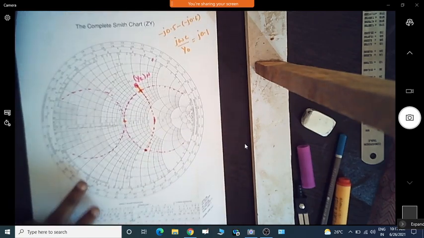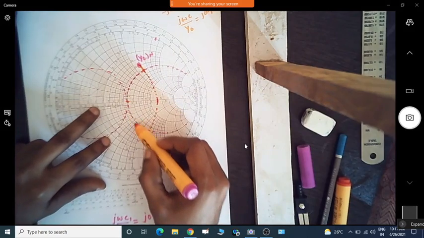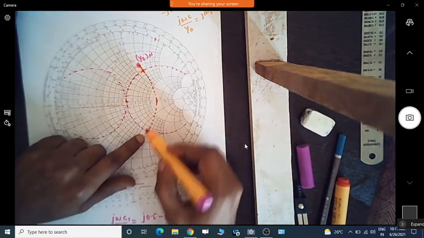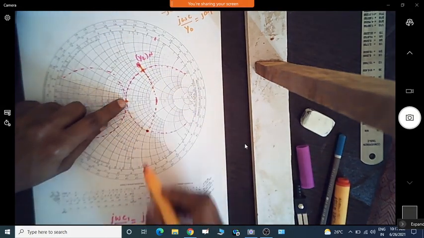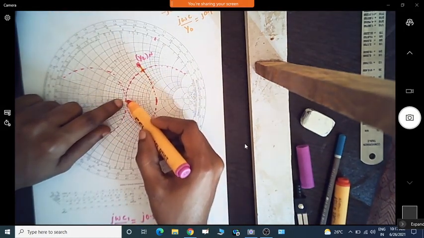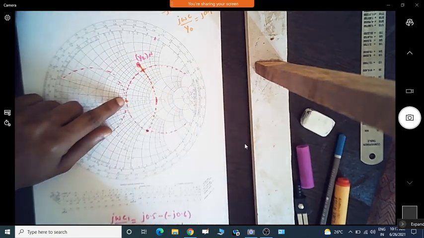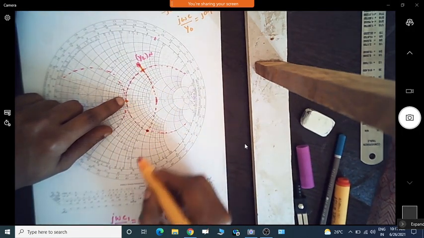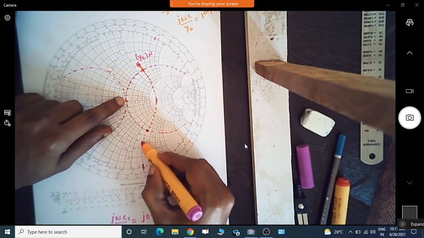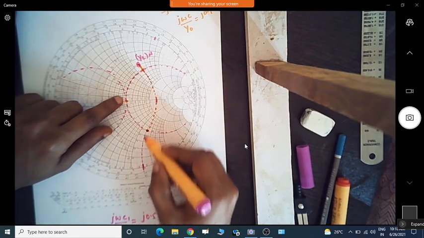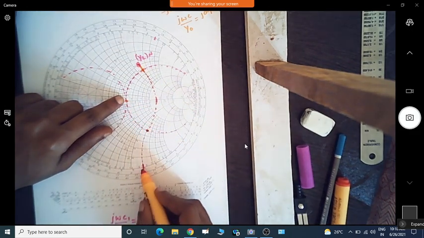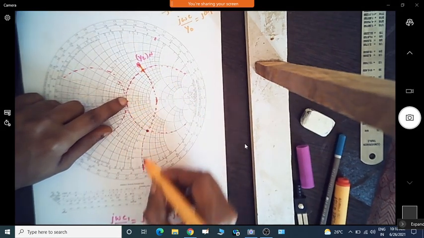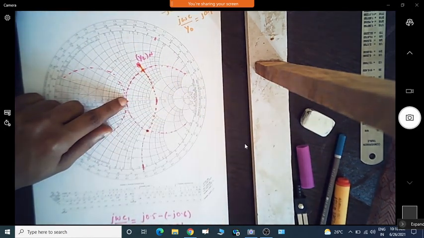So now we need to find out what the series inductor is. Because we are moving on the resistance circle upwards, it is a series inductor. So now see what is the reactance offered by this series inductor. Now we can see, this is the value where we have the inductance, that is the reactance value. So the series inductor offers the reactance value of 1.2. Okay. So now here it is 0. Since it is in the lower portion, it is negative.